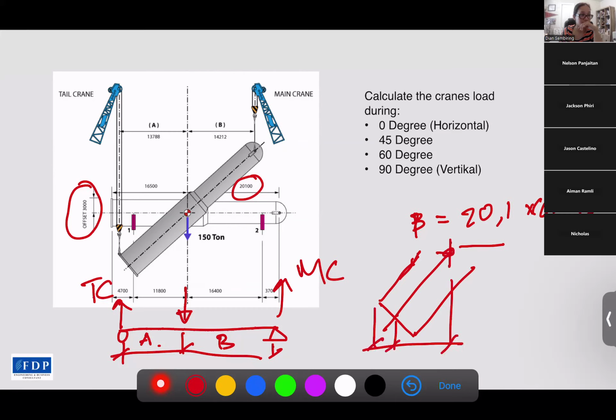There is an A axis and a B axis, where the A offset is 3 meters times sin 45. So this offset will impact the distance.